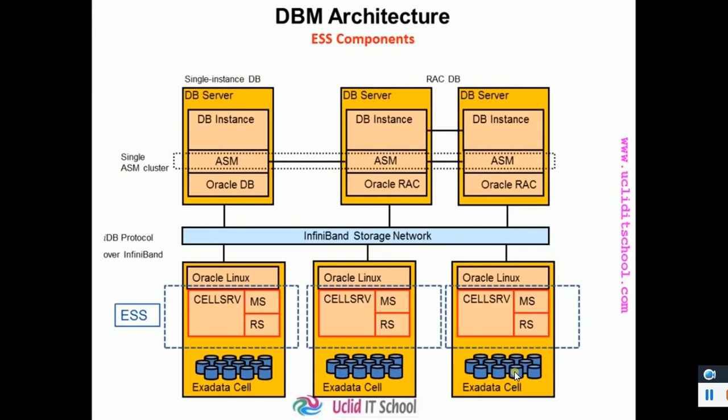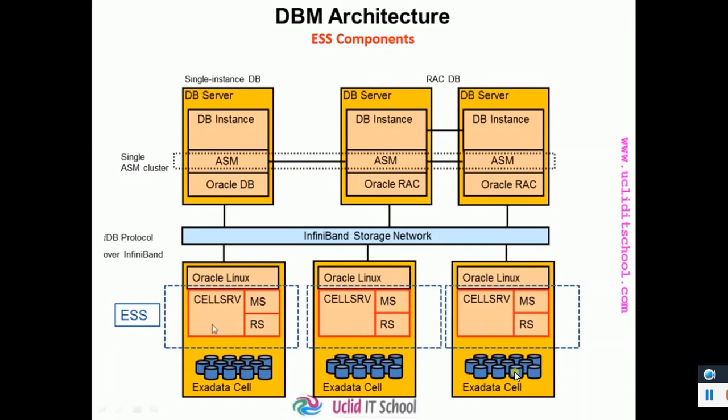When you start the storage server, these background processes will be started at the operating system level. So this slide shows you the background processes or the services provided by each storage server. Basically there are three services, which are implemented using three background processes.